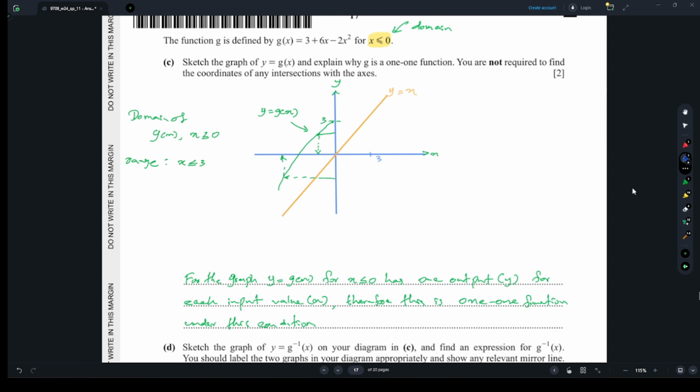So it should start from here. You should have the same shape of gx, and this is y equals g inverse x. Okay, so it's the mirror image. In one place we may have an intersection and so on. Okay, so this is the answer for that.